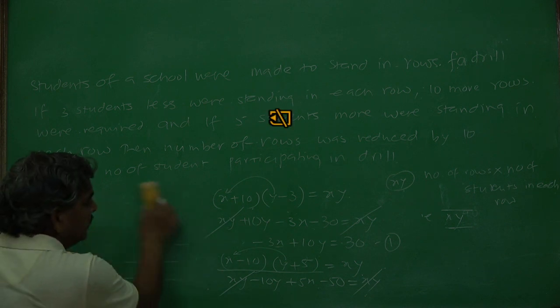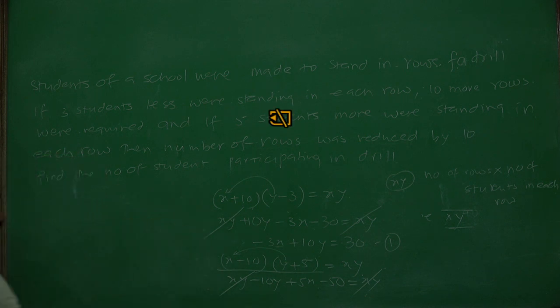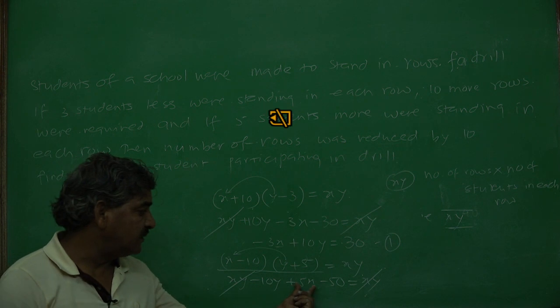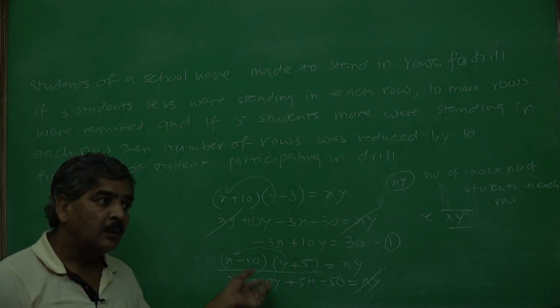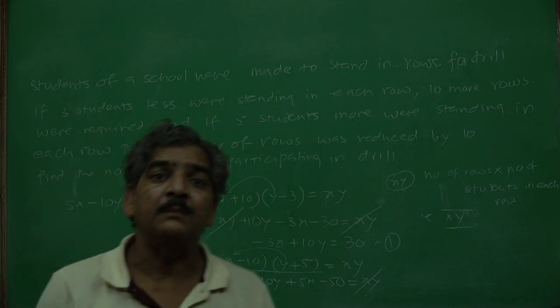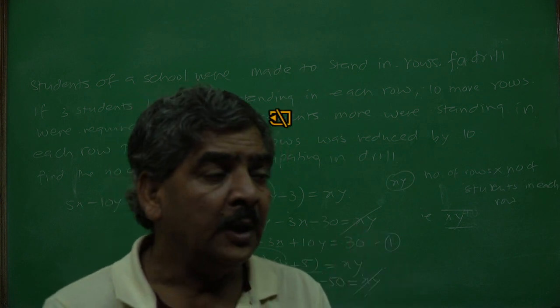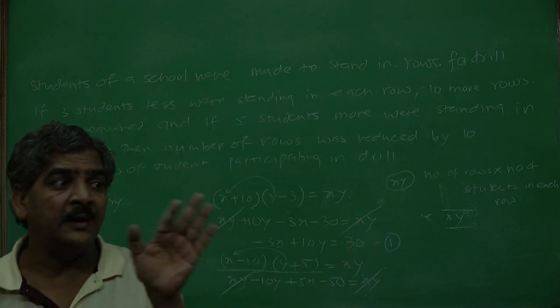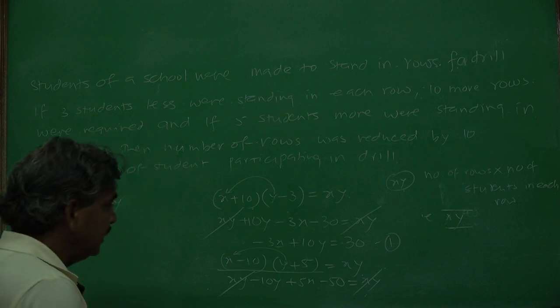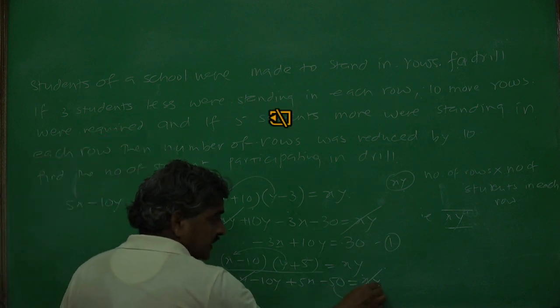Left is how much? Reshuffle the terms: 5X minus 10Y. I am writing the X term first, then the Y term. Addition of numbers is commutative, so if I write X first, then Y, it makes no difference. Now shift 50 to the right hand side.